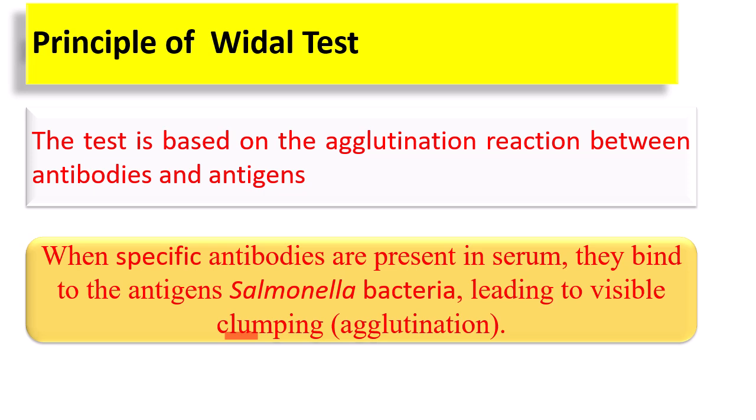When specific antibodies are present in the serum of a patient, they bind to the antigens of Salmonella bacteria and give visible clumping, and it shows the test result is positive. If we don't get visible clumping, then the test result is negative.